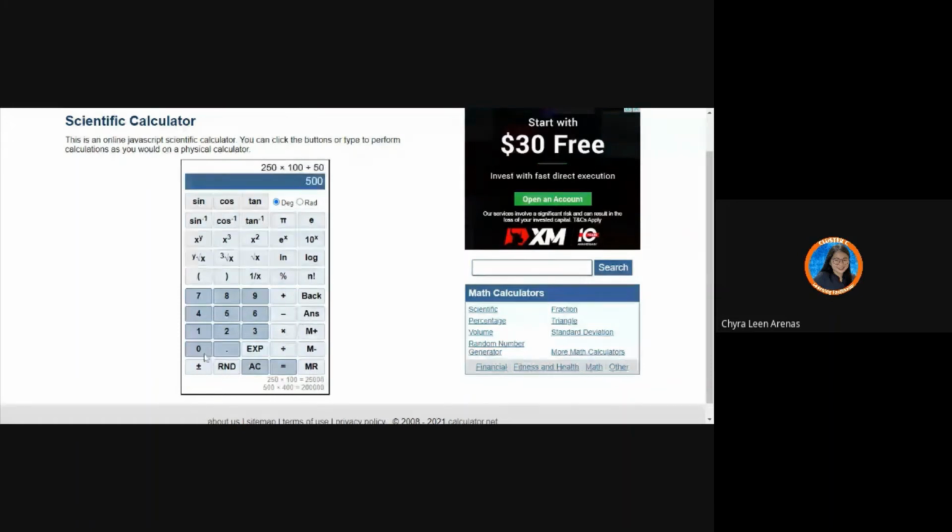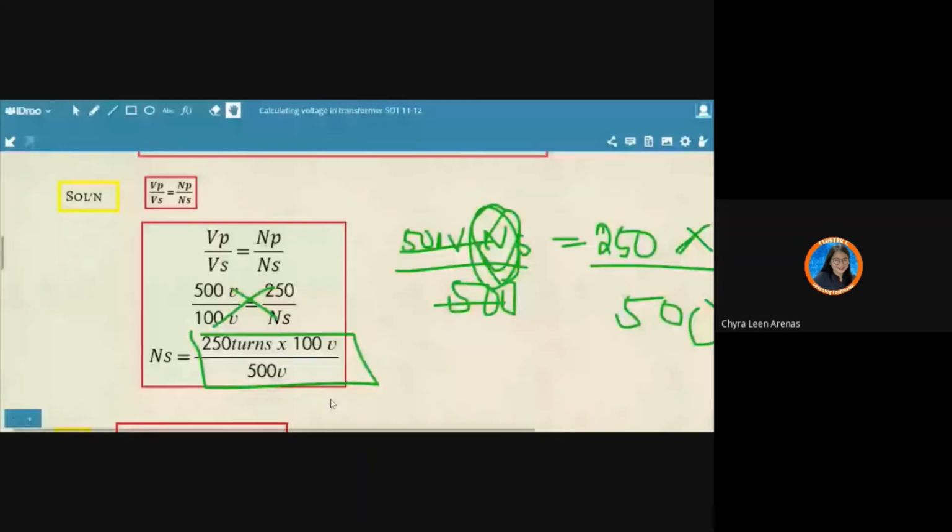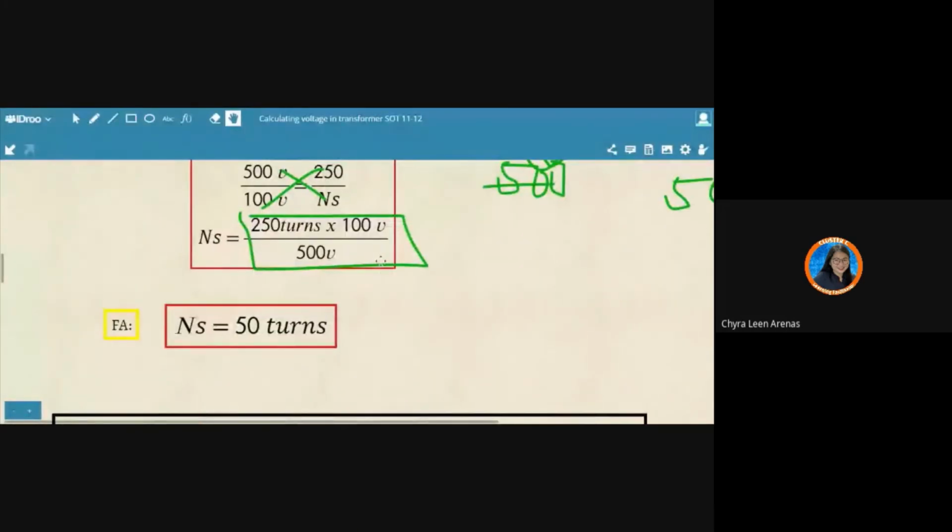So, the answer that we got is actually 50. So, let's double check if we have the same answer. So, yes, we have. Final answer is 50 turns.